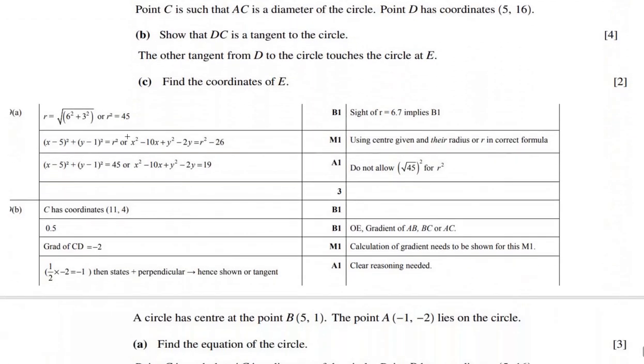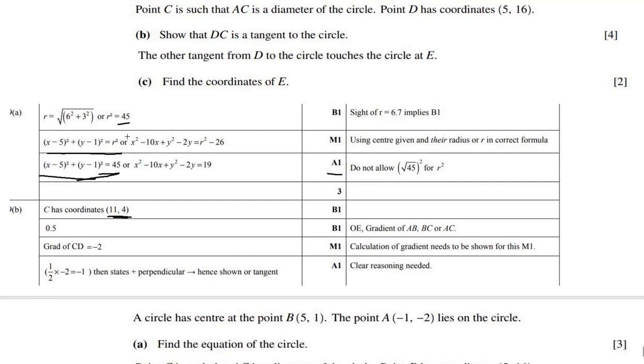In the rubric, you can get a point for finding 45, and then you get a method point for plugging it in, and then you get the answer for getting the right point, or the right equation. And then C here, they're looking for this point C. That's a midpoint thing.